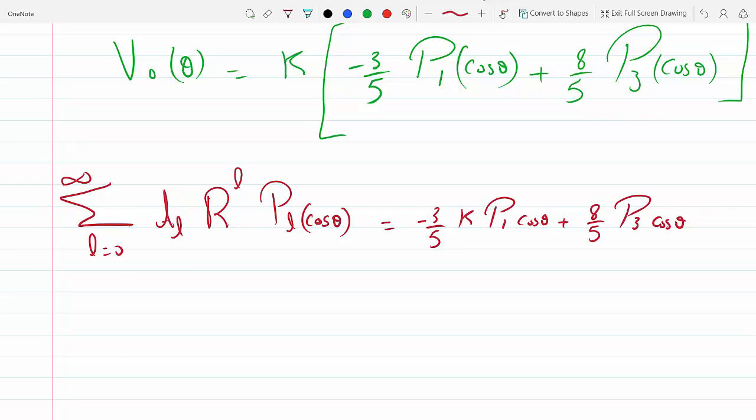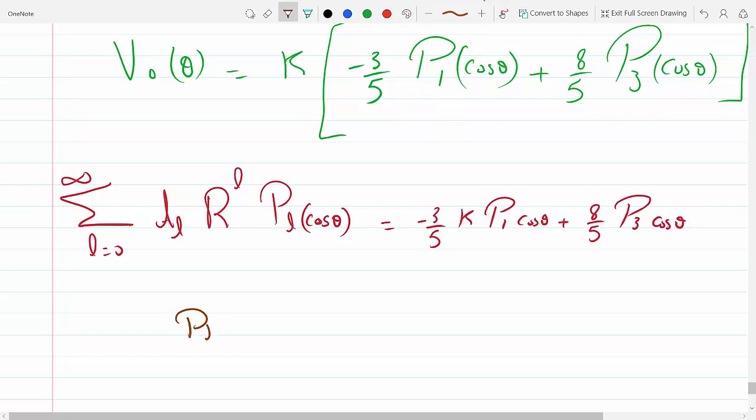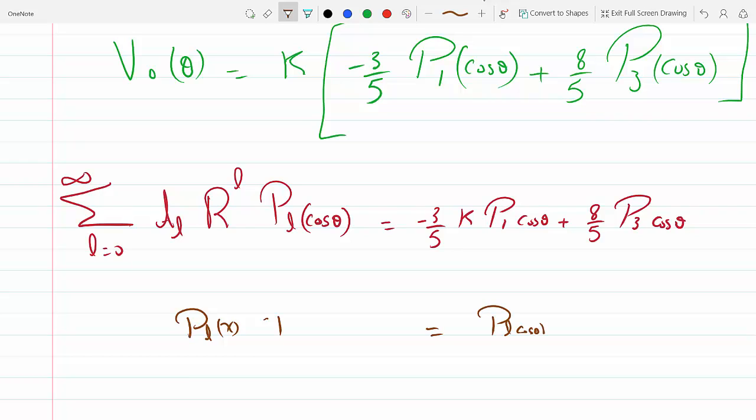Let me show it to you in a little better steps. If you have a PL of x, and on the right hand side you have PL cosine theta, if you let u be cosine, then du will be minus sine theta d theta.